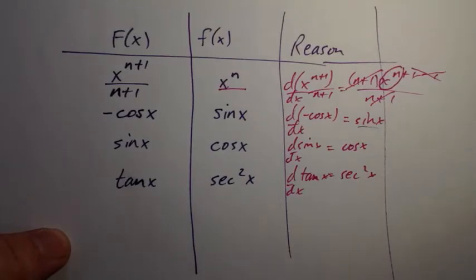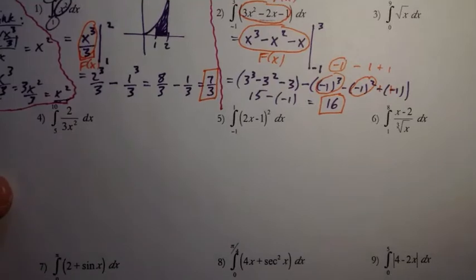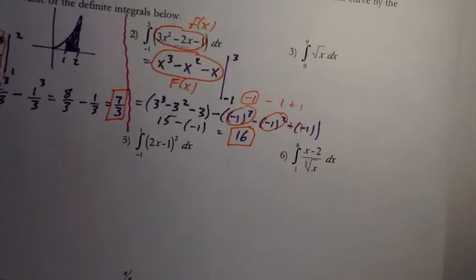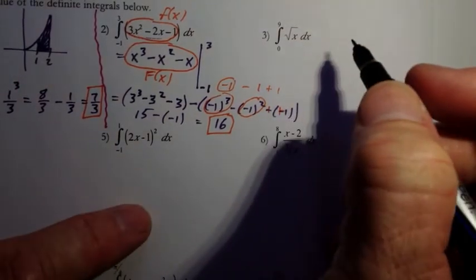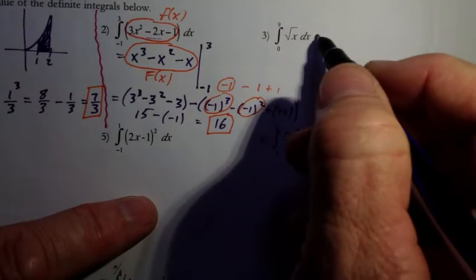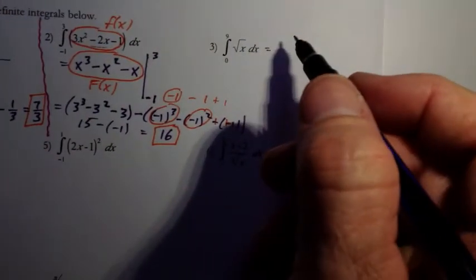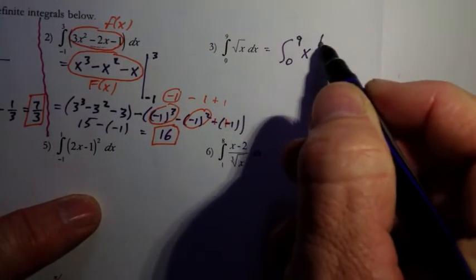Alright, so if you keep those rules in mind, then these problems are not that bad. It's just a matter of keeping your math straightened out here, and then actually rewriting the integrands in a more convenient way. Let's rewrite this integrand, still 0 to 9, but we're going to write that as x to the 1/2.